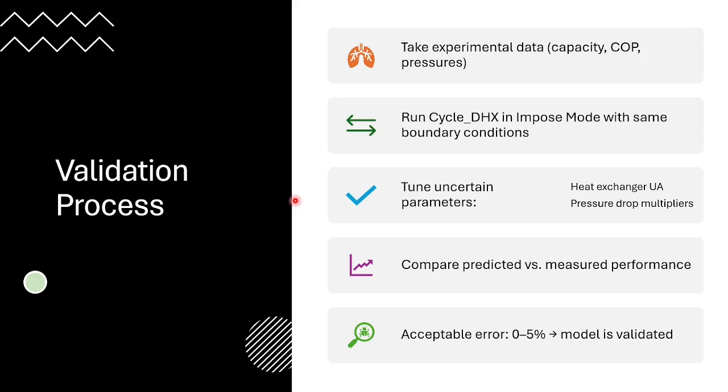If not, we have to refine and repeat our simulation. This loop makes sure we are not blindly trusting the software. And if our simulation model stays within 5% of the experimental data, then we can say that it is a reliable simulation model.